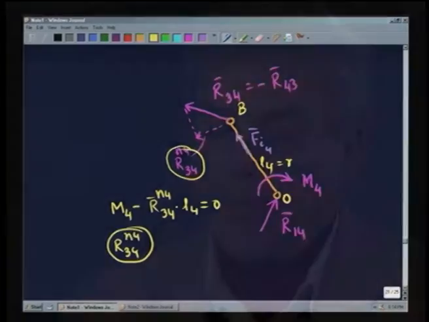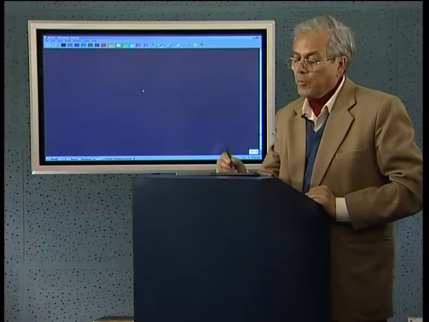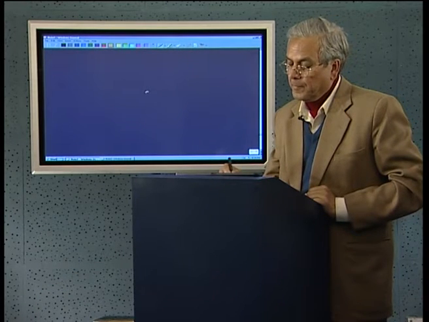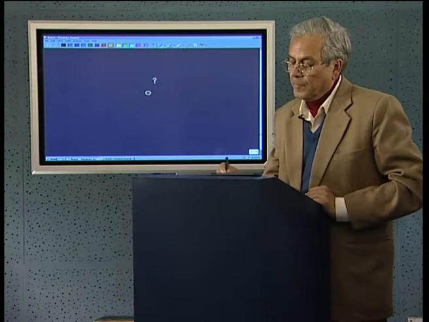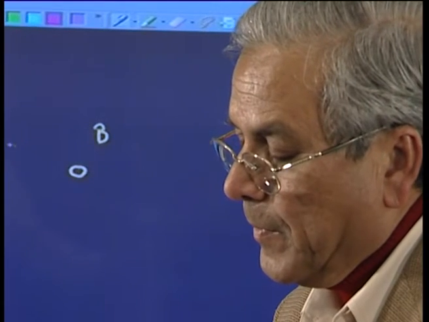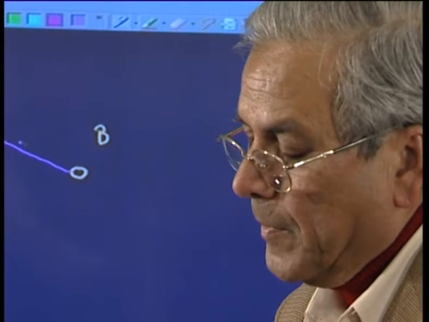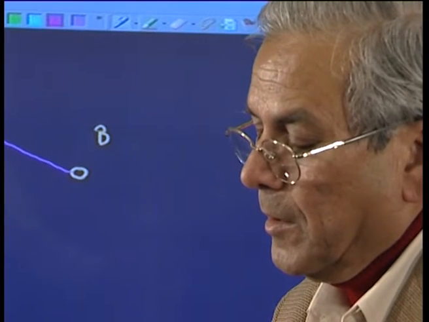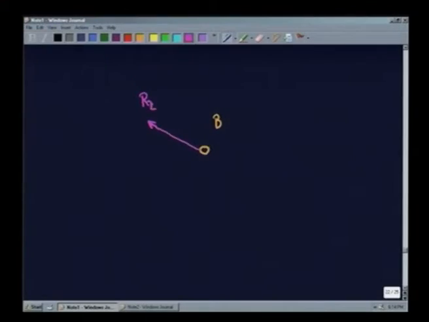So, we have found out the normal to 4th link, a component of this spin force. Now, let us consider this point B. We have seen that this is R34 and this is obviously equal and opposite, which is R43.